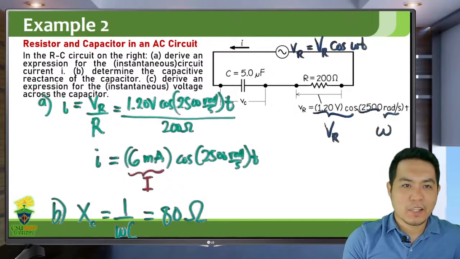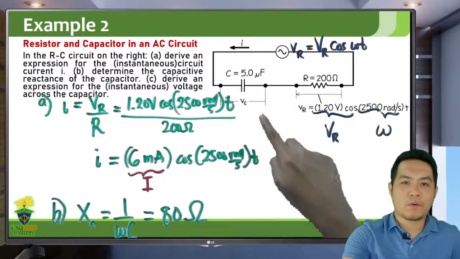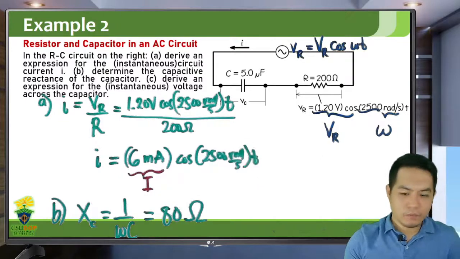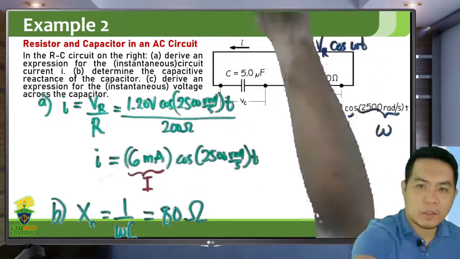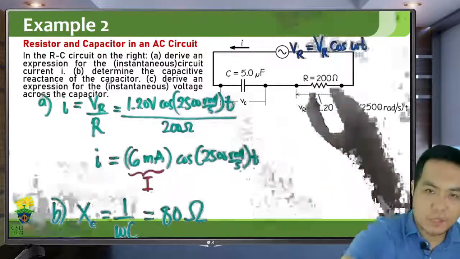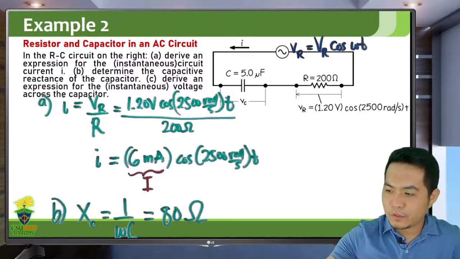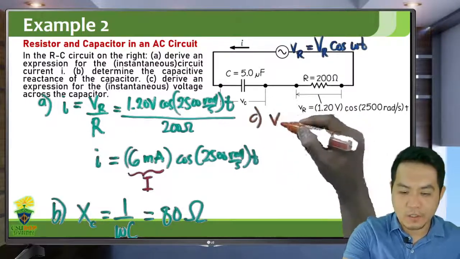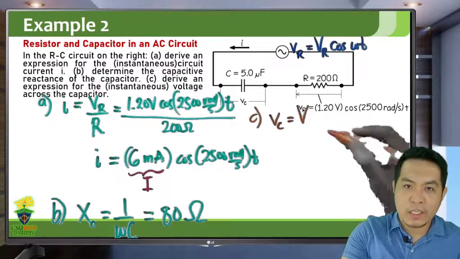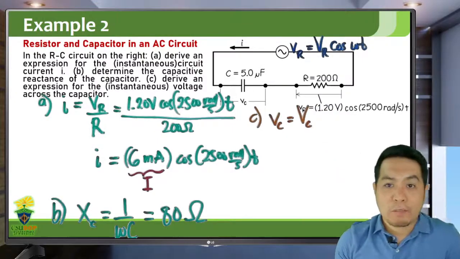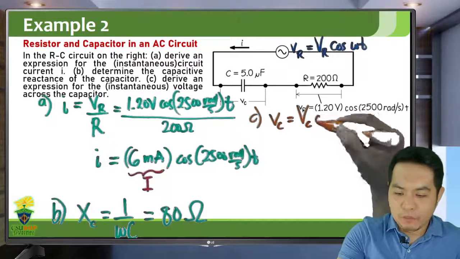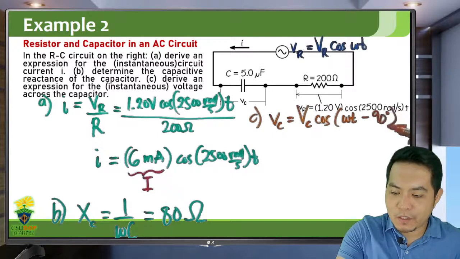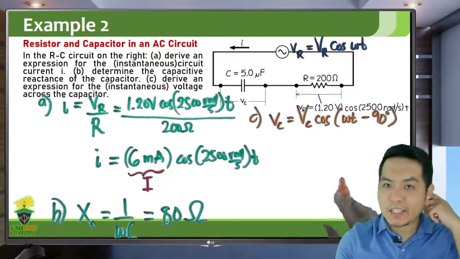For letter C, you're asked to derive an expression for the instantaneous voltage across the capacitor. If you will recall, the instantaneous voltage for a capacitor looks like this. So for letter C, VC is equal to the voltage amplitude across the capacitor, VC, cosine omega t minus 90 degrees, because the phase angle for a capacitor is 90 degrees.